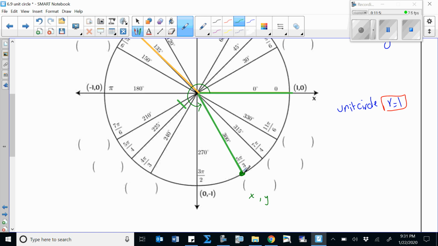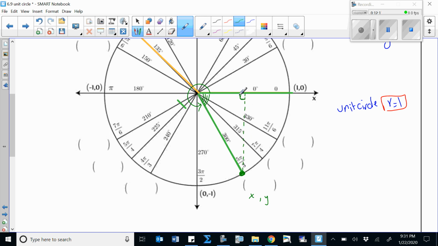The reference angle is the distance between the terminal side and the x-axis. So it's this one. This is my reference angle. Now I'm going to draw a straight line from terminal side to the x-axis. Notice, not to this one, only to the x-axis. So the line will be like this.